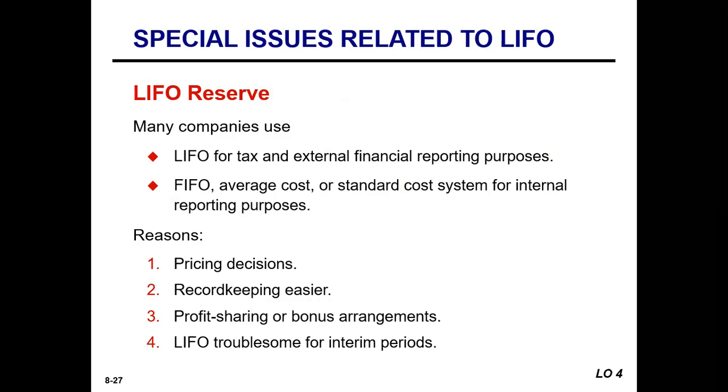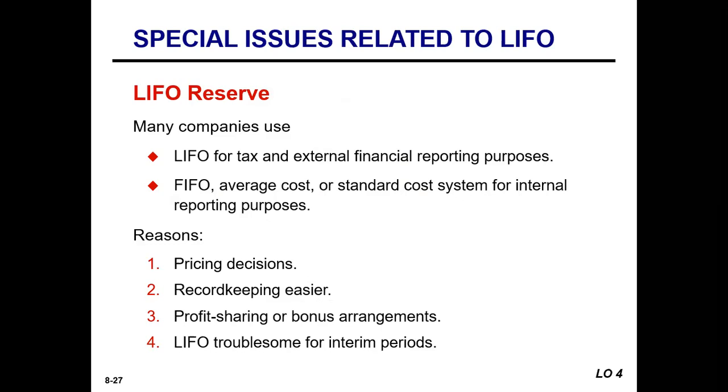So pricing decisions: companies often base their pricing decisions on FIFO, average cost, or standard cost assumption, rather than on the LIFO basis. The record keeping is easier. It says record keeping on some other basis is easier because the LIFO assumption usually does not approximate the physical flow of the product.